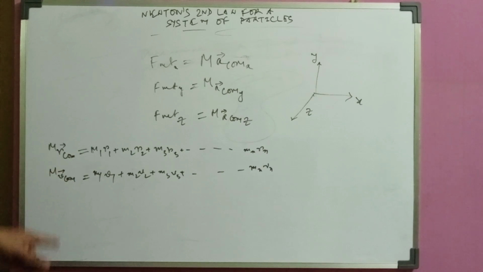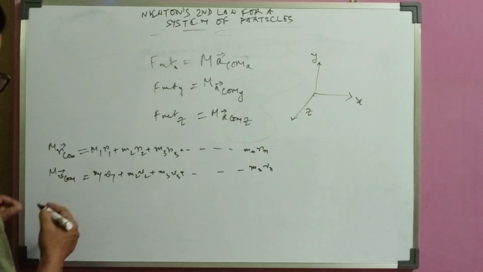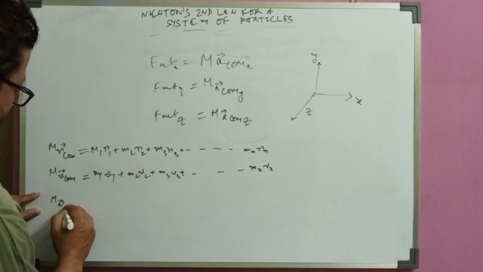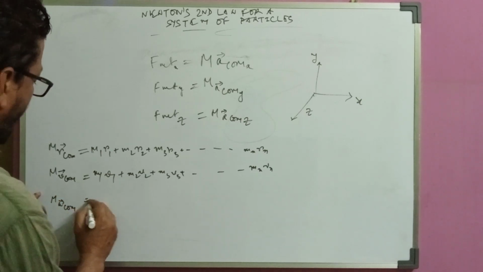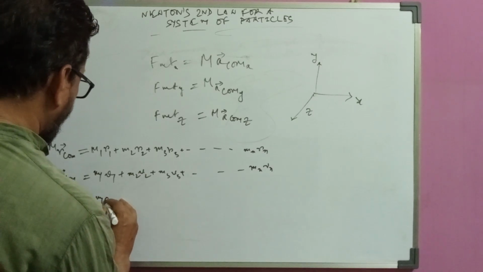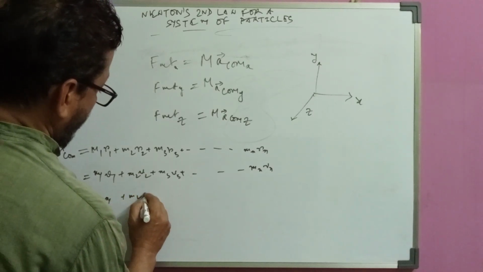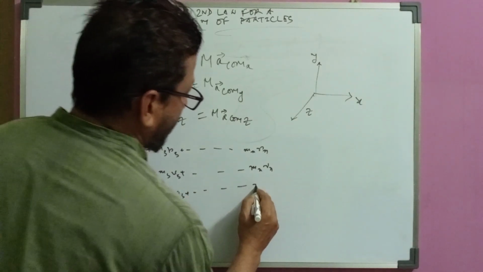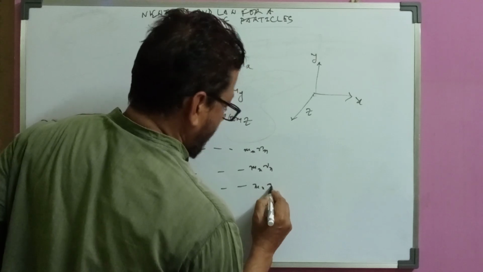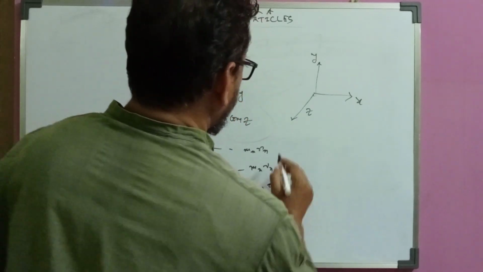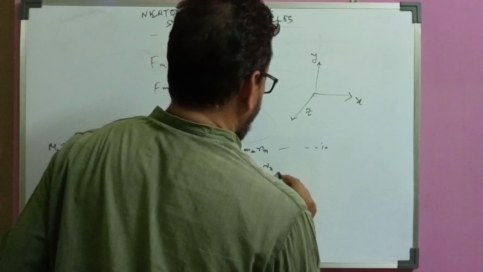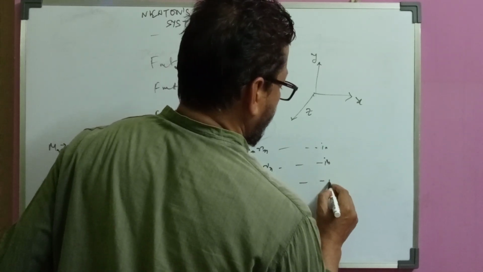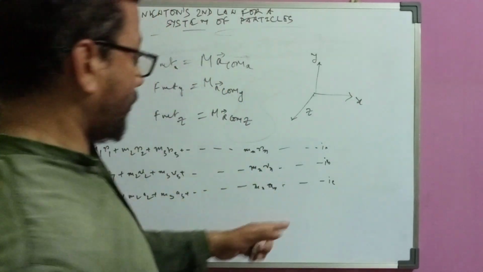So we did the R, we did the V, and we did the acceleration: M1 A1, M2 A2, M3 A3, up to Mn An. So what is 1A, 1B, 1C? These are the 3 parts.